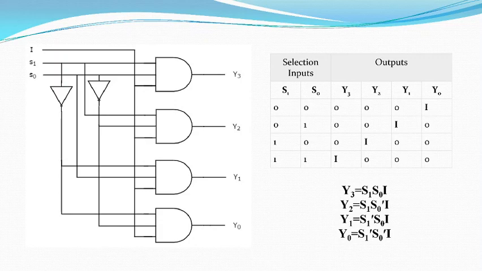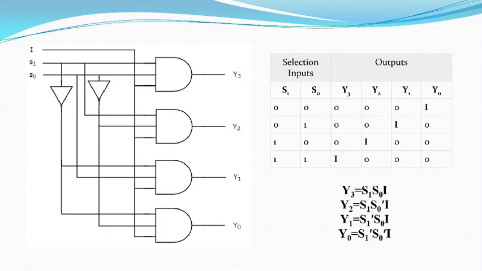From the above truth table, we can directly write the Boolean functions for each output as Y3 equals S1 S0 I, Y2 equals S1 S0' I, Y1 equals S1' S0 I, Y0 equals S1' S0' I.